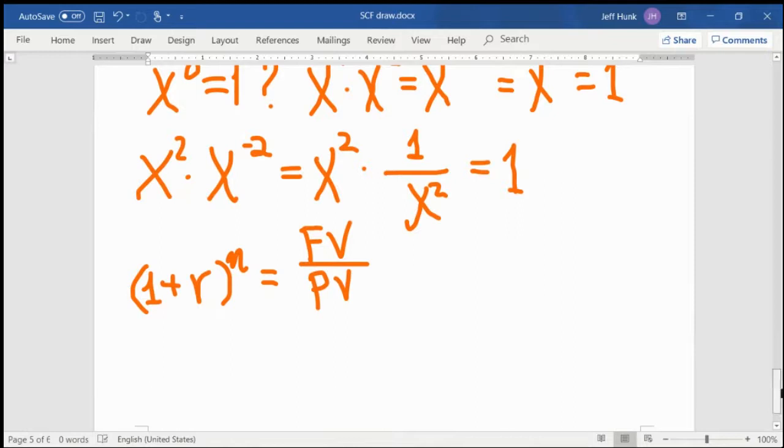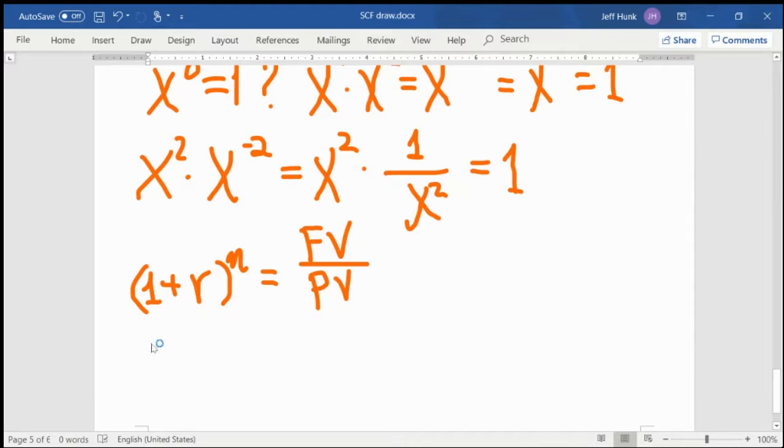Now, remember, x raised to n: to lose this exponent and make it 1, what do you need to do? You will need to raise it to 1 over n, right?